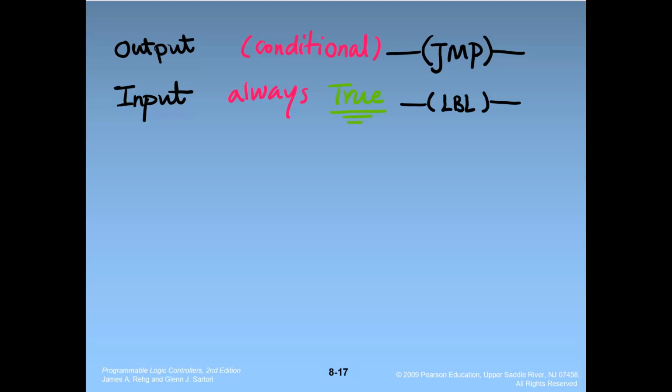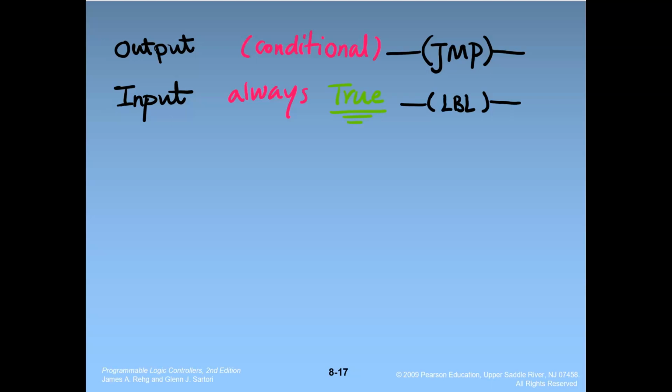Together, jump and label can reduce the PLC scan time by jumping over unnecessary instructions. So they can jump, or basically step over, a group of rungs to the label rung, and the label identifies the destination rung for the jump instruction.